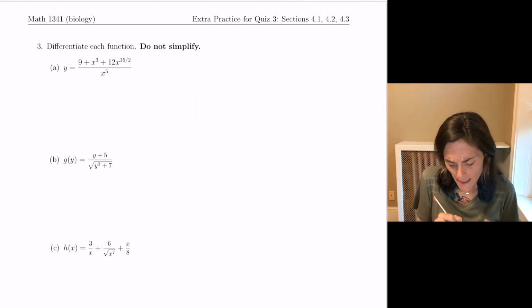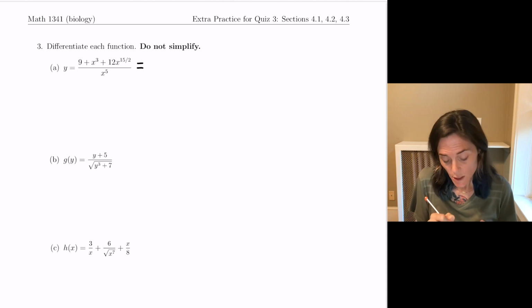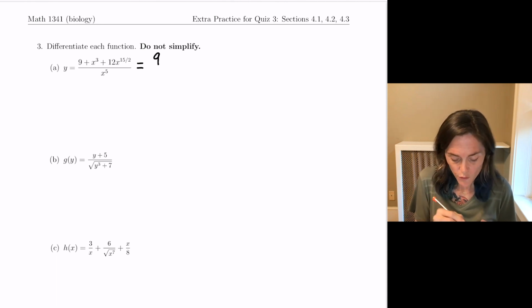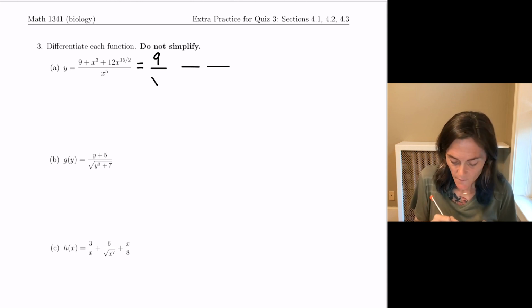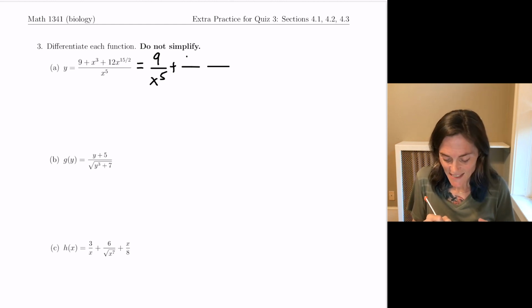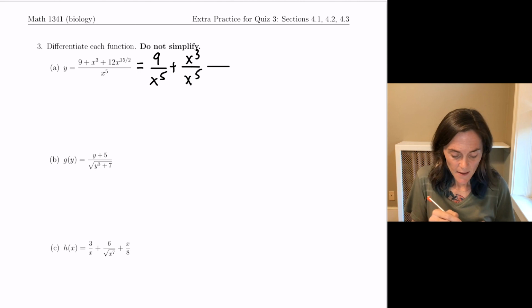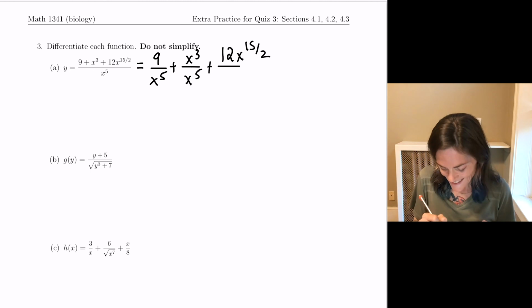However, I find it easier because my denominator is a single power to just break this into a sum of 3 fractions. So we have 9 over x to the 5th plus x cubed over x to the 5th plus we have 12 x to the 15 over 2 over x to the 5th.